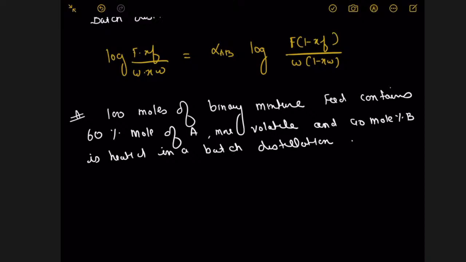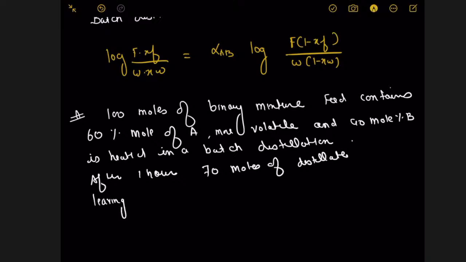After 1 hour, 70 moles is in the distillate, leaving behind the residue. And the alpha value is given as 2.